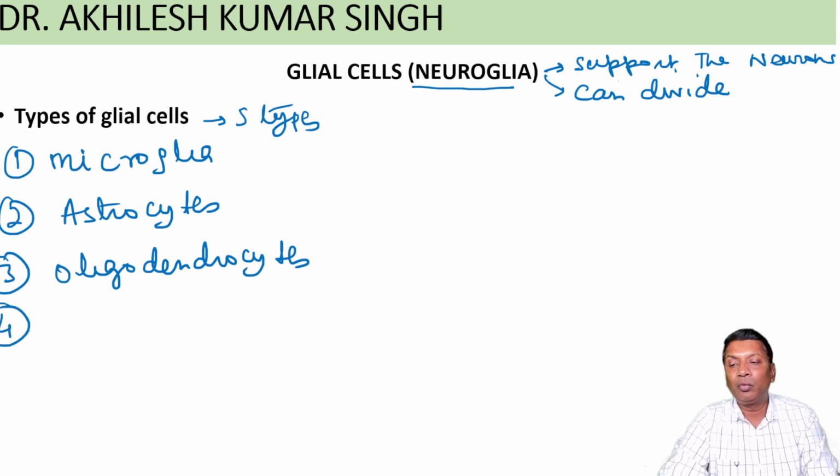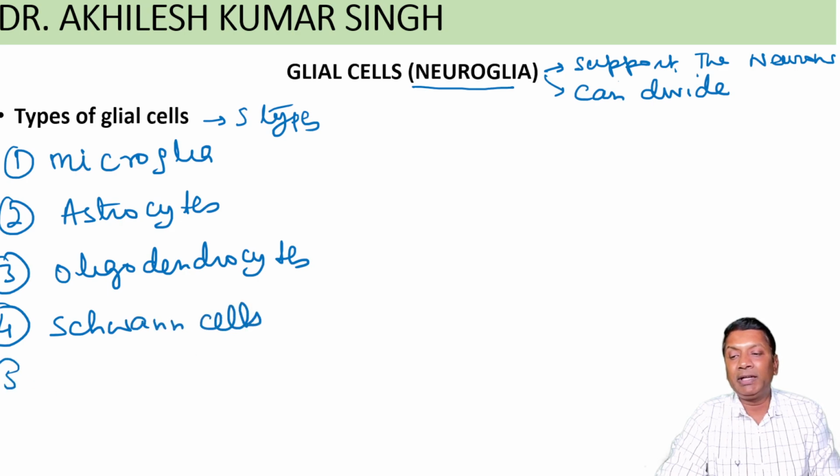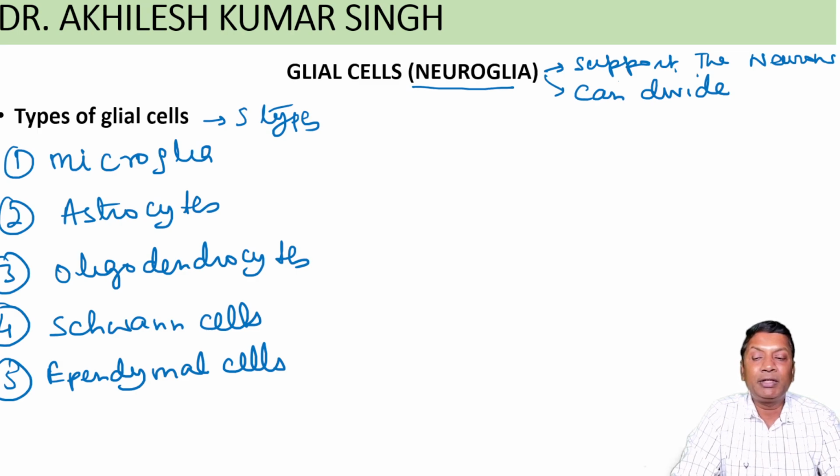The fourth is called Schwann cells. And the fifth is called ependymal cells. Right. So these are the 5 types of glial cells.